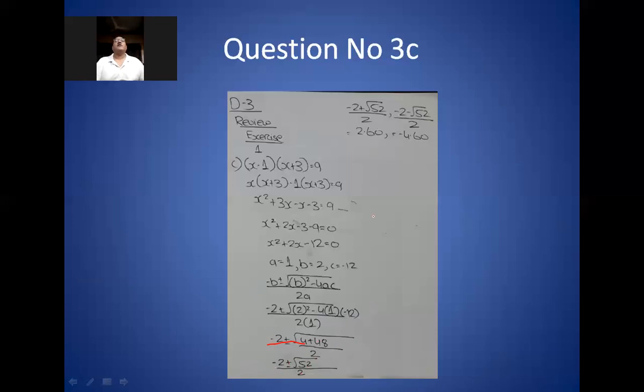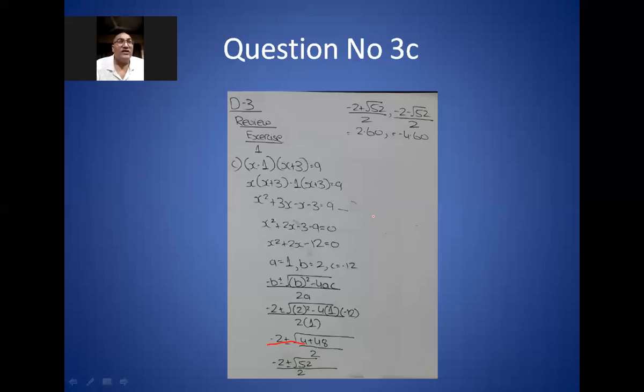On your calculator, now there are two options. You will write minus 2 plus under root 52 equals, divided by 2 equals. The answer you get is 2.60. The second option is you will write minus 2 minus under root 52 equals, divided by 2 equals, and the answer will be minus 4.60.